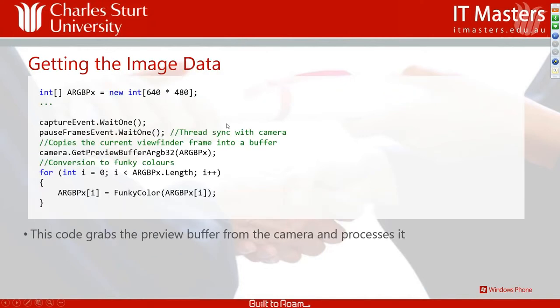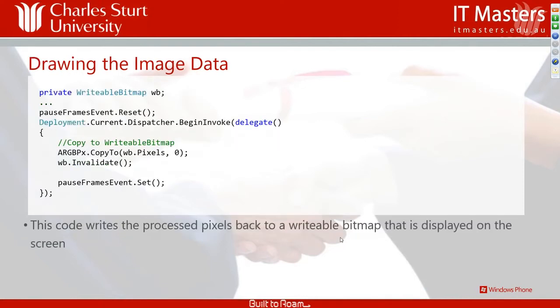Each time this runs, it's going to get the preview buffer and modify each pixel within it. Then we invalidate the writable bitmap, which will display the new image. Essentially this is going to happen for each frame that we can handle from the camera, prior to the image being displayed on the screen.